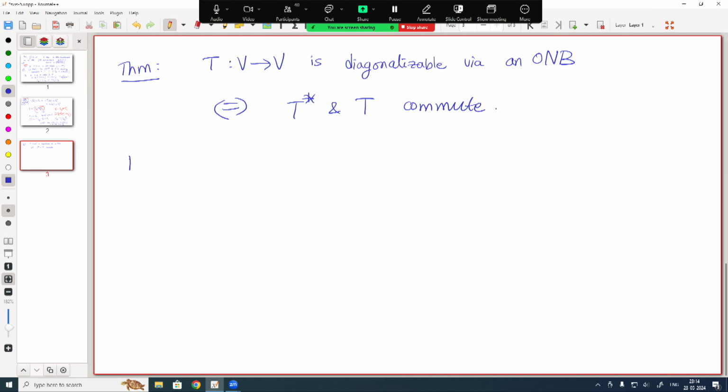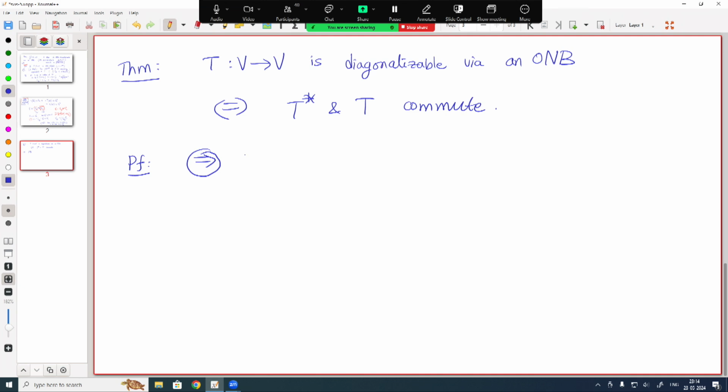So, let us prove this, let us prove one direction, let us try to understand how this condition even comes about, right. Suppose it is diagonalizable, why does that force T and T star to commute, okay. So, let us do that. Okay.